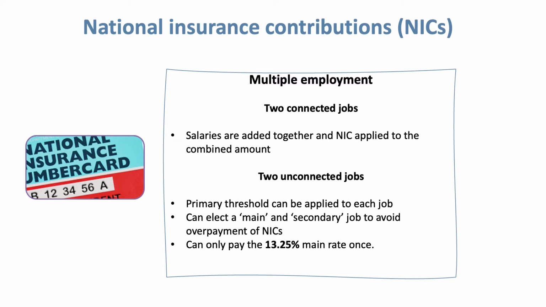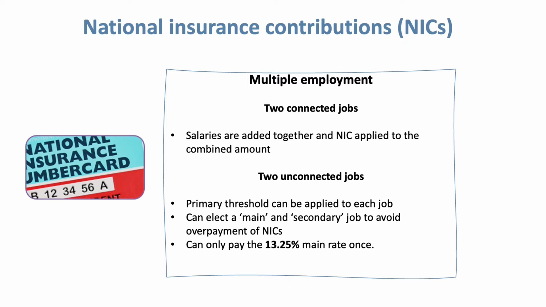If you're in a situation whereby that takes you into the upper earnings limit, then you can elect for one of them to be your main job and one of them to be a secondary job, and that will mean that you can defer the NICs in part on your second job and avoid overpayment, basically.